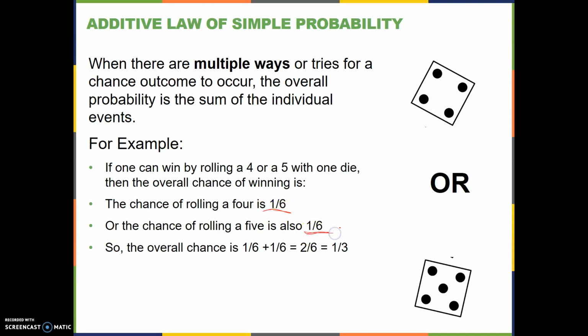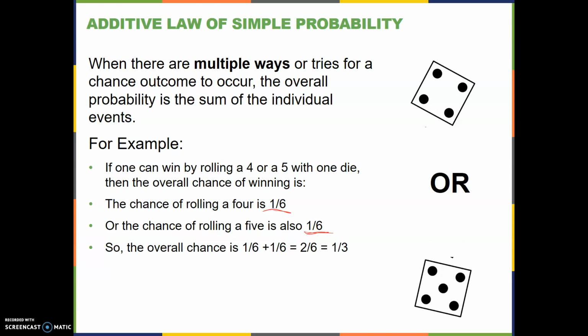Now, this is not saying that you're going to roll a 4 and then a 5. It's saying that you can win by rolling a 4 or a 5. So you're going to roll the dice one time, and what is your chance of rolling a 4 or a 5? You can do this in your head because you know that there's a 4 and a 5, and then there's 4 other numbers. So that's 2 out of 6, or 1/3.